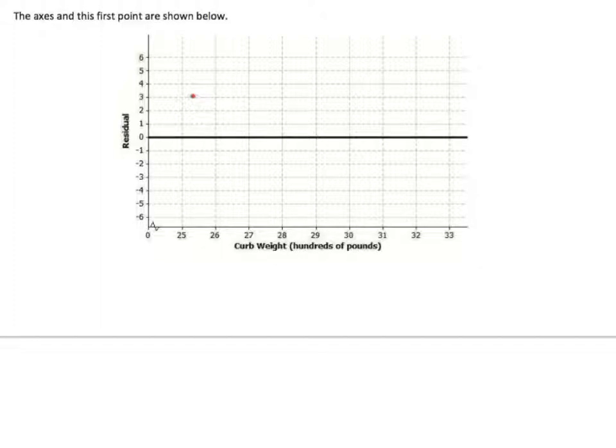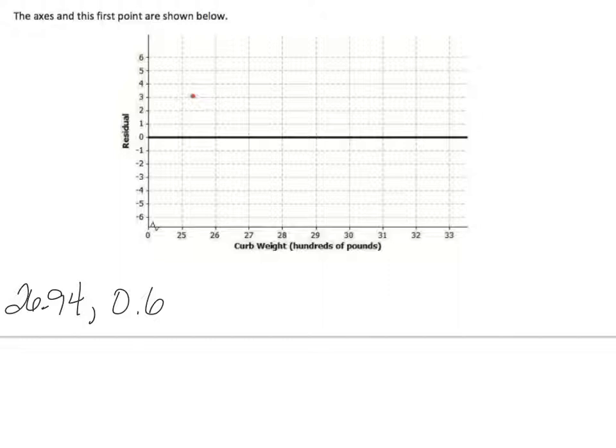So if we look at the next point, I'm going to go back up to the chart. I have 26.94, 0.6. So 26.94 is about 27, and 0.6 is right roughly right there.